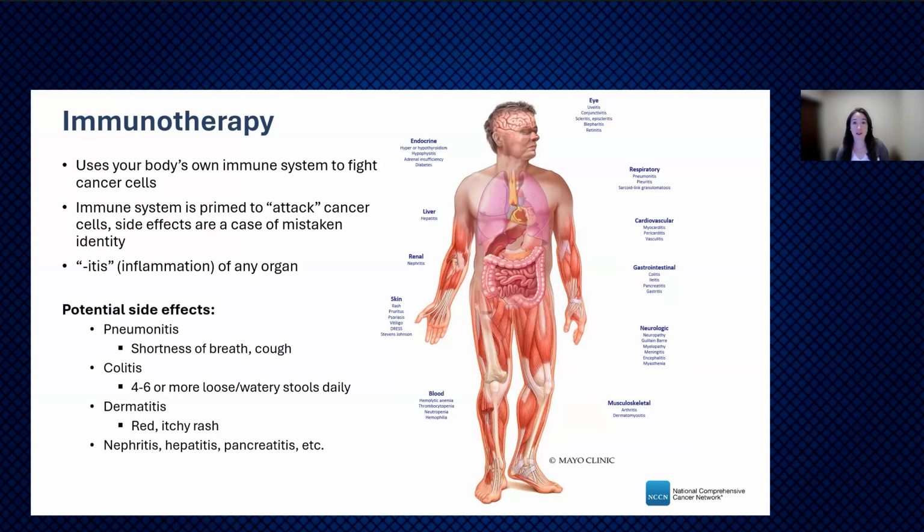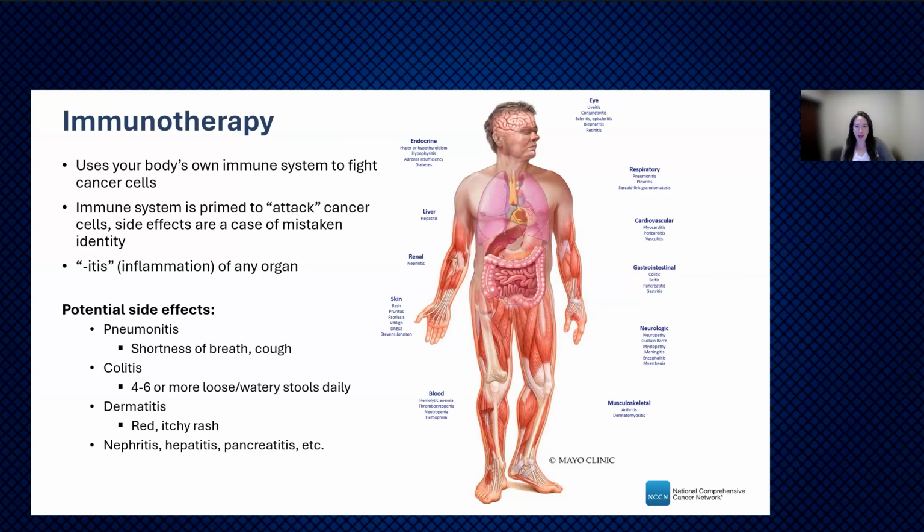Dermatitis or inflammation in the skin can present as a really mild rash. So sometimes people get away with creams and some antihistamines, but sometimes it can be as serious as having blisters. So about 15 to 20% of patients can have a side effect, and they range from mild, moderate to severe.